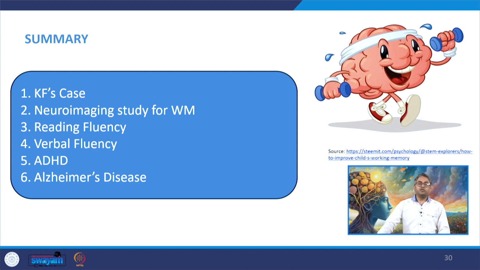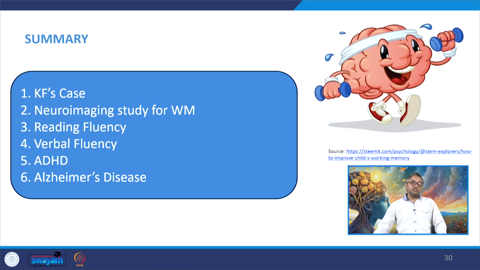Reading fluency and verbal fluency are tests which an individual can use to enhance the capacity of working memory and the integration of information, and with these tools an individual can overcome the challenges of working memory capacity or integration.